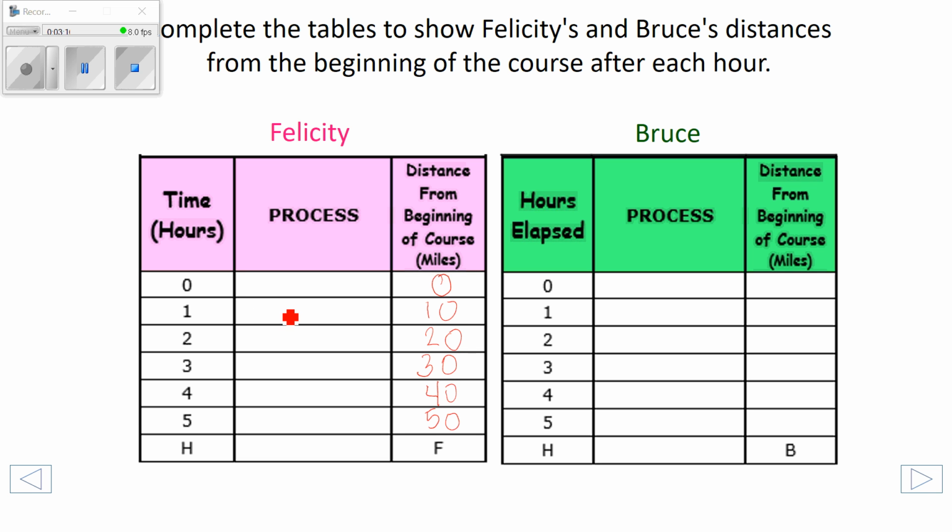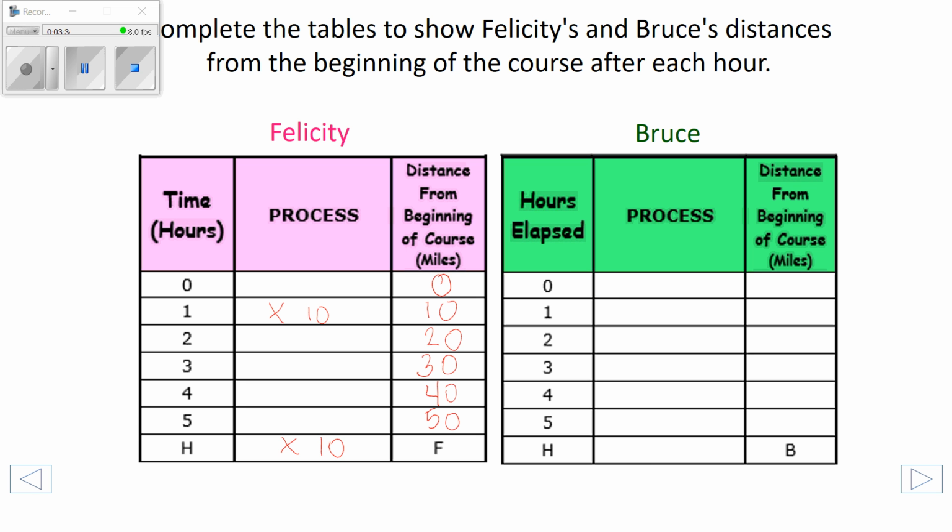So if you think about what's happening here, we are multiplying by her rate, which was 10 miles per hour, okay? So basically I'm doing hours times 10 gives me Felicity's distance, okay?